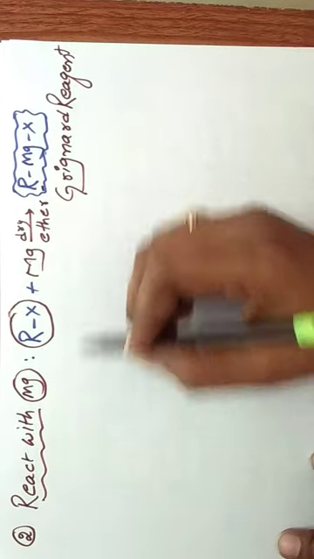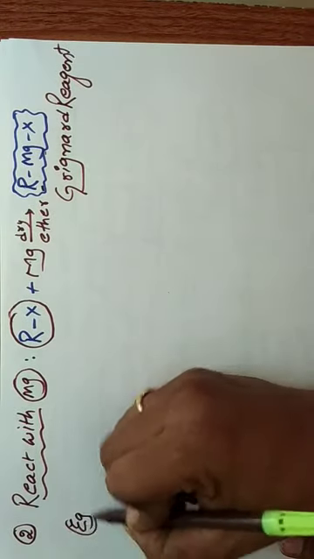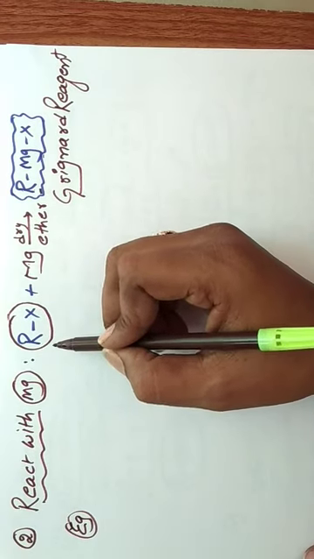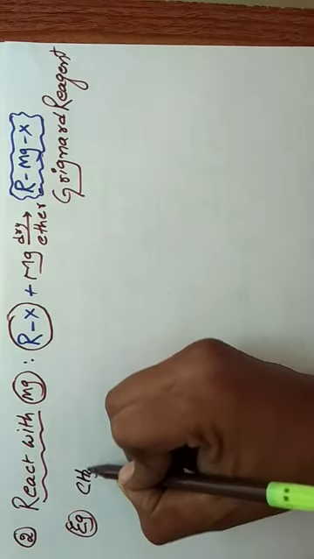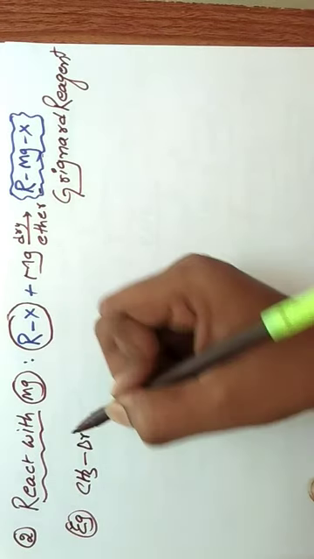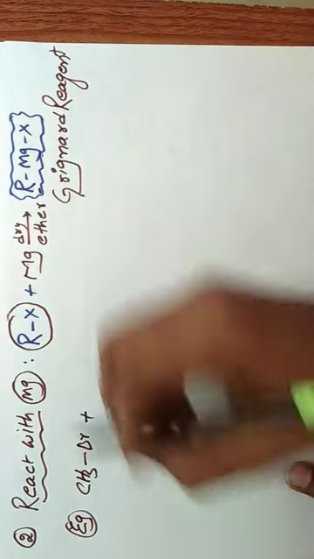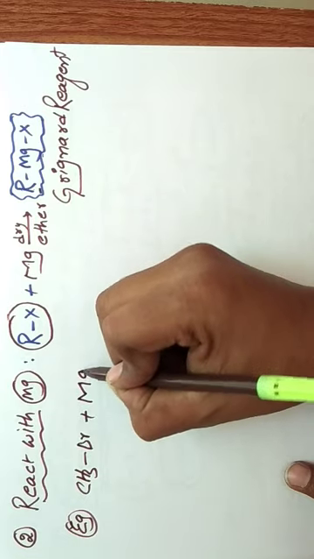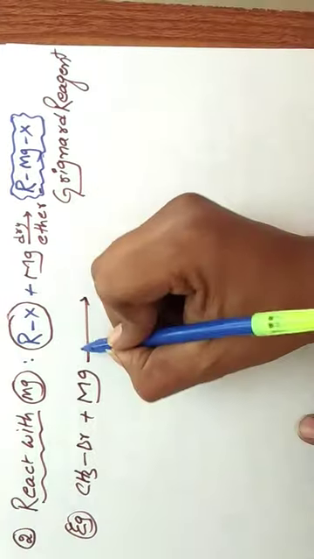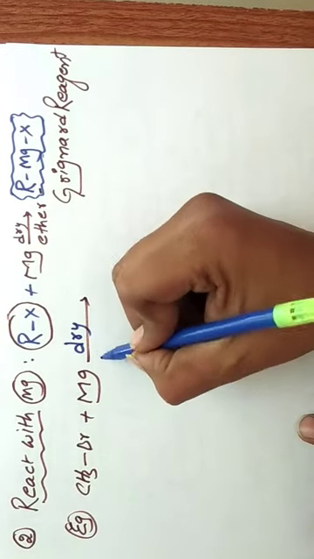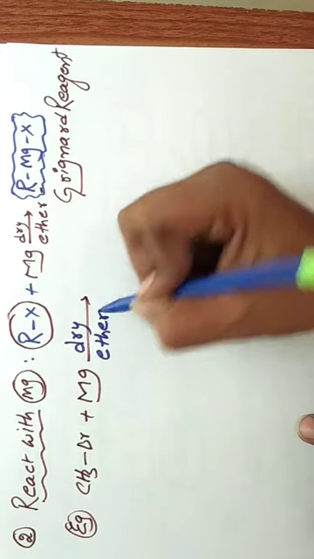For example, instead of R bond X, suppose we take methyl bromide and react with magnesium in the presence of dry ether.